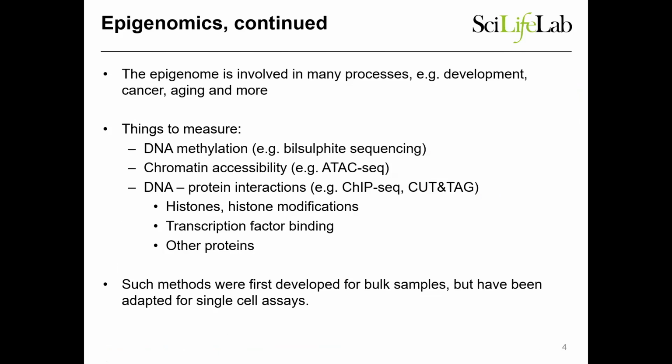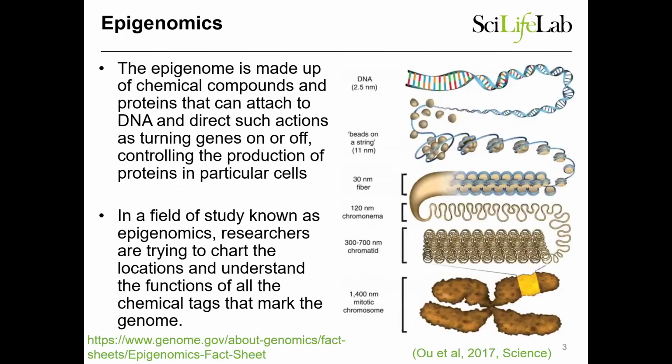And the things people usually measure when they measure the epigenome are DNA methylation, so when methyl groups are added to DNA, and chromatin accessibility. So this is which DNA is accessible to other proteins. Basically, which DNA is not wrapped around, for example, these histones, or which DNA is not in some super condensed regions.